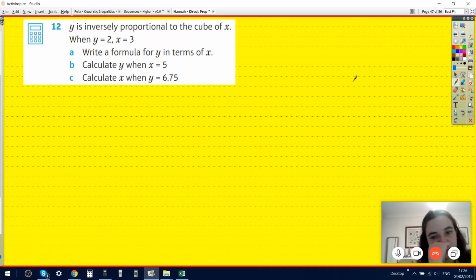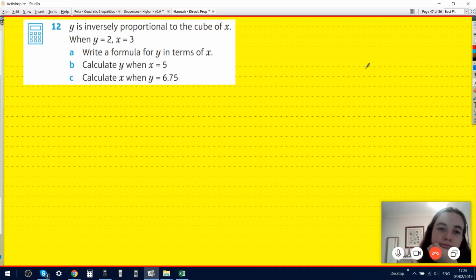How about this one? Y equals k over x cubed.